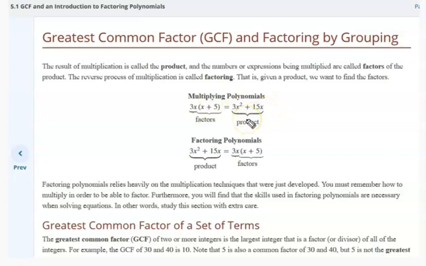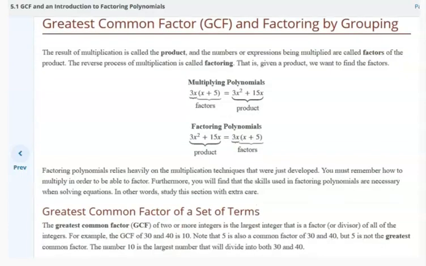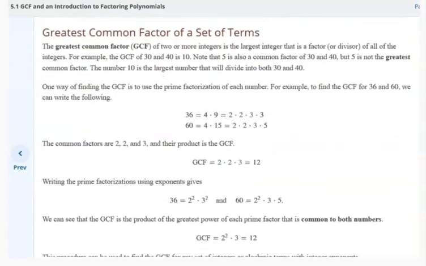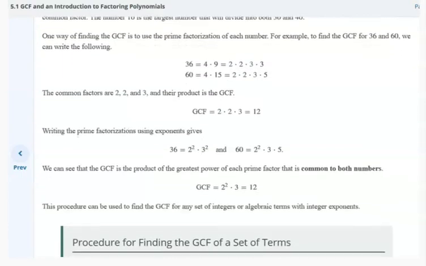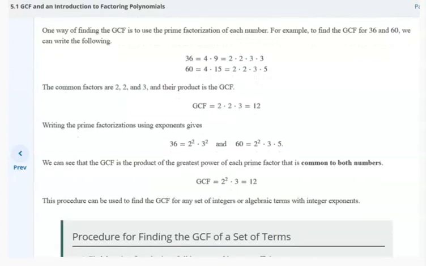Well, keep in mind we can reverse that by taking a product and see if we can take a common factor out of this. Now, common factor is one thing, but greatest common factor is often what they will be looking for. And you want a technique for doing this.